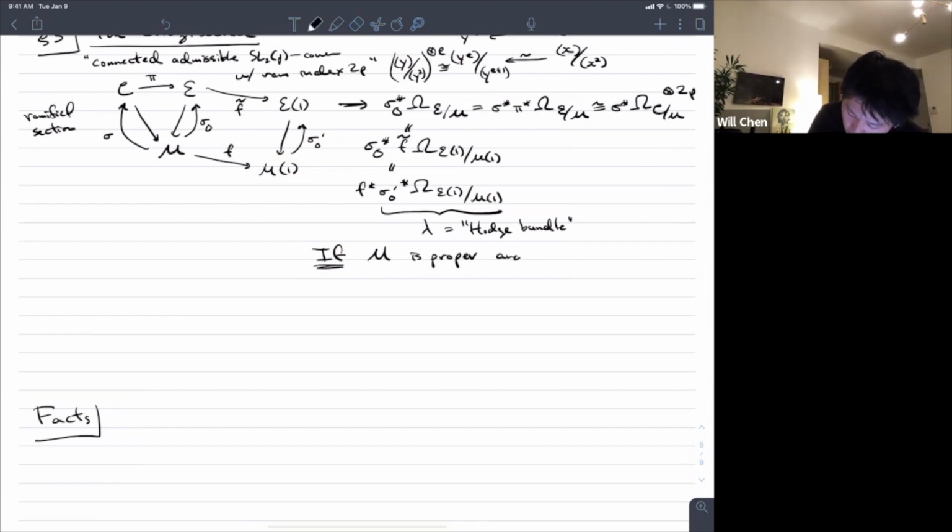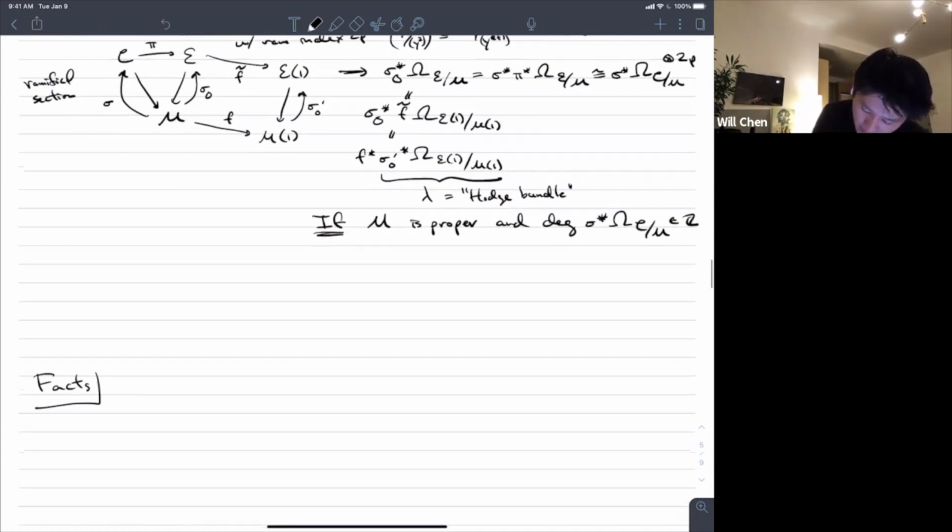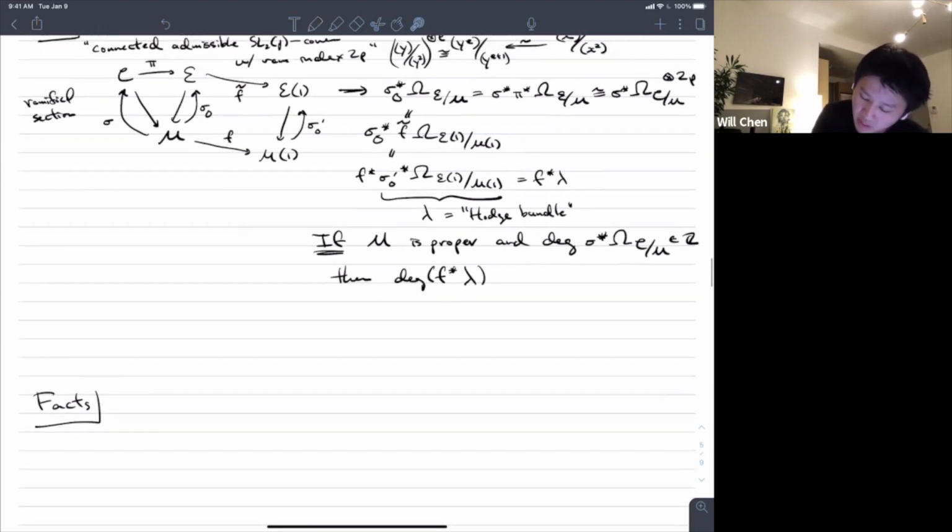And the degree of sigma upper star of the restricted cotangent sheaf of C is integral, right? Then we'd have that the degree of the pullback of lambda, so this is F upper star lambda, the degree of this pullback is a 2p tensor power.